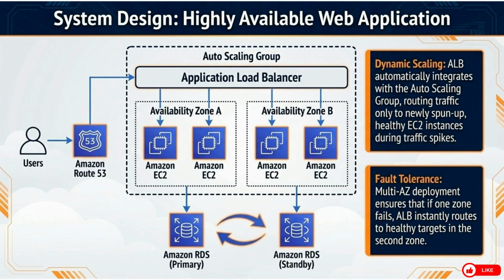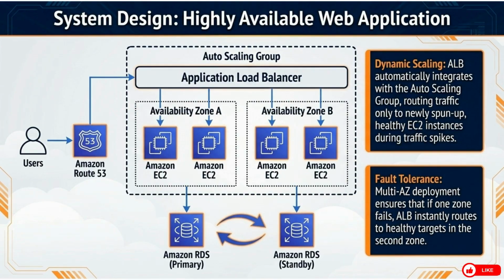Here are some common interview questions. Question 1. When would you choose ALB over NLB? Answer: when HTTP-based intelligent routing is required. Question 2. Why use NLB instead of ALB? Answer: for maximum performance, static IPs, and TCP or UDP workloads.